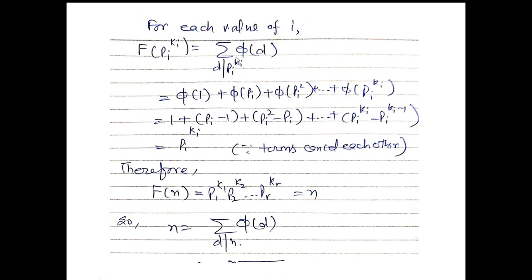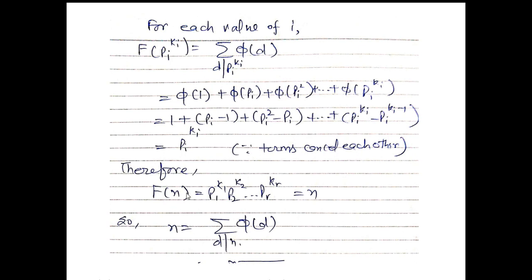Now what are the divisors of pi to the power ki? They are 1, pi, pi square, up to pi to the power ki. Add them all. Now phi 1 is 1, phi pi is pi minus 1, phi pi square is pi square minus pi. Then write phi pi cube and so on up to pi to the power ki. So here all the terms will be cancelled except pi to the power ki.